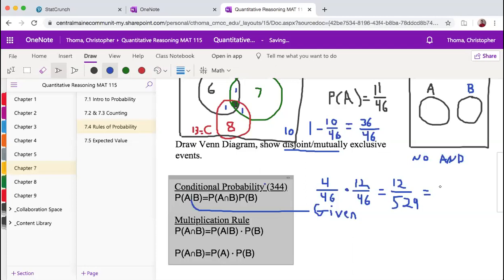It's 0.023. Wait, what's the denominator? I got 529. Hmm. Mine simplified it, so I didn't do 12 because 12 times 12 is 48. Right. I don't know 46 times 46, but it simplifies down to 12 over 529. So that means 4 goes into 46, so it can be simplified down. Type into a calculator. I didn't do the simplification. I was being lazy.